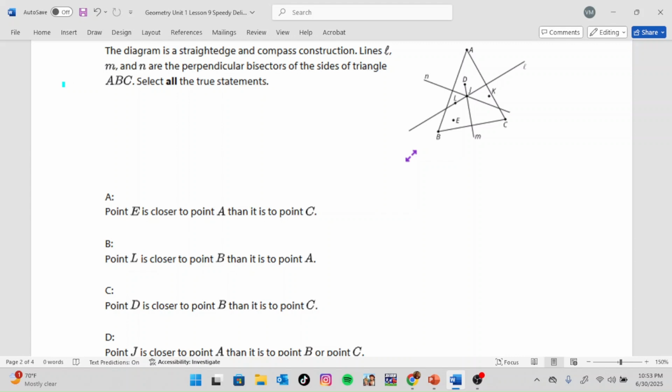So if we are comparing point A and point C, then that means line L is the perpendicular bisector.